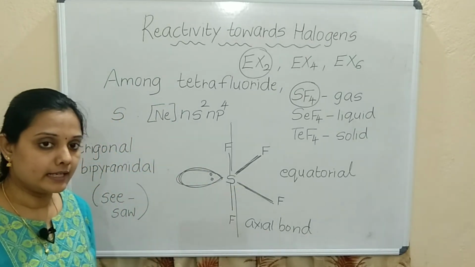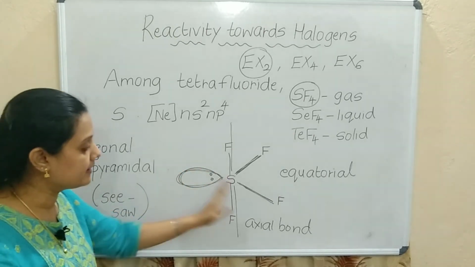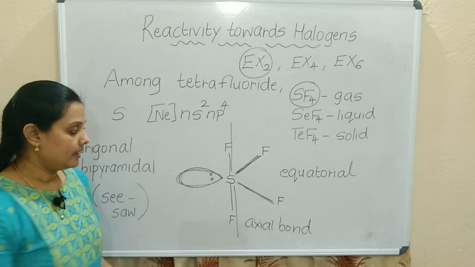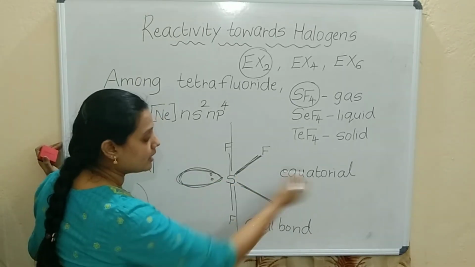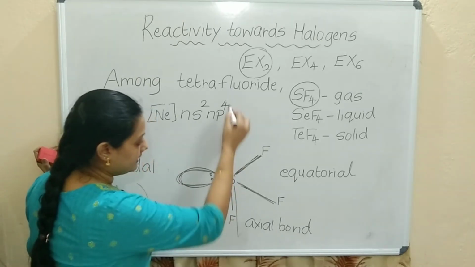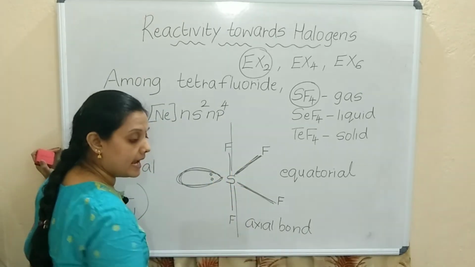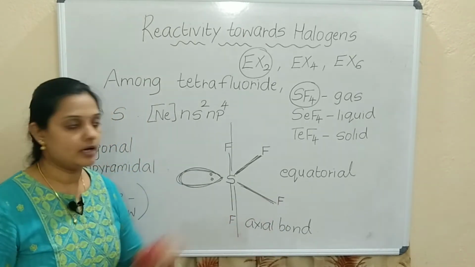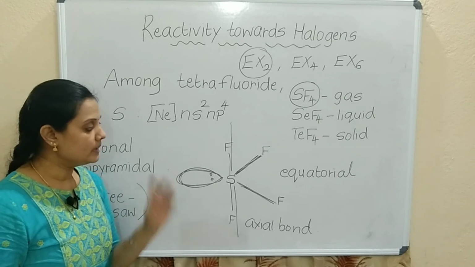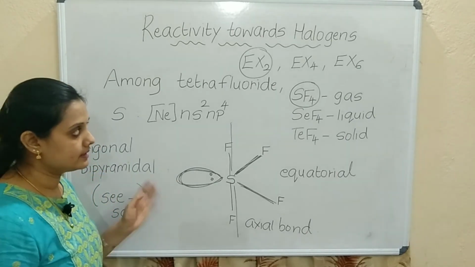And the s electrons will remain as a lone pair of electrons for the central atom. And these 3 bonds are called the equatorial bonds, and the straight line, that is this bond and this bond, is called the axial bond. Axial bonds are longer than equatorial bonds, just to minimize the repulsion. Correct? Hope it is clear to you.